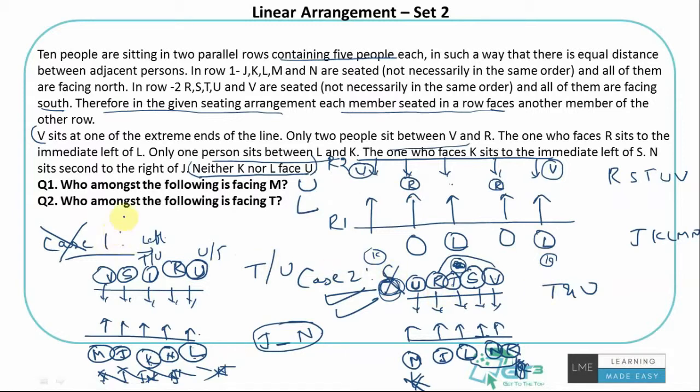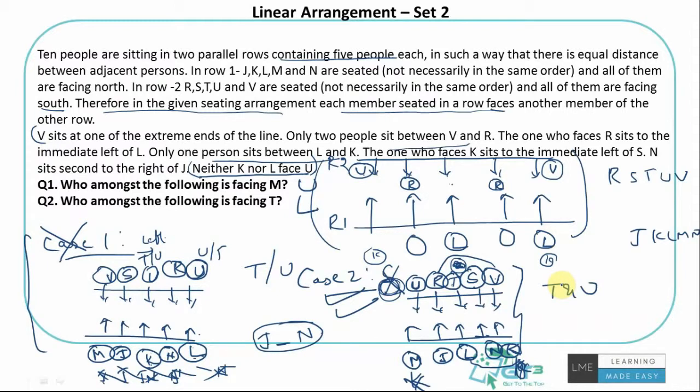The better approach for this set of questions would be going for cases where we can clearly see that if I understand and fix one thing, everything else is also taking a fixed seat, right? Where it's very easy for me to rule out or take it. If you see, this approach is taking much lesser time, rather than if you try to actually continue solving this using only one arrangement and keep checking all the possibilities, you'll end up taking a lot of time and might not even solve the problem.